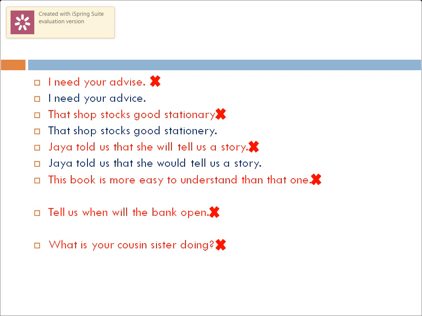In the next sentence, the error is about the usage of the tense. Jaya told us it's in the past, so naturally that she would tell us a story is the right one. In the next sentence, the adjective is improperly used. The book is more easier to understand, because easier is already about comparison.